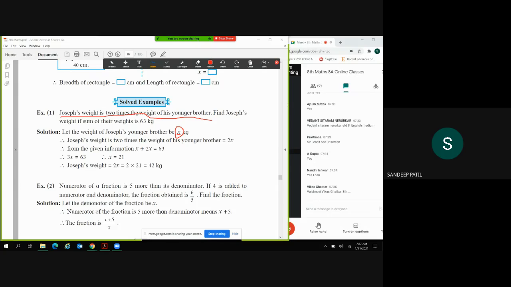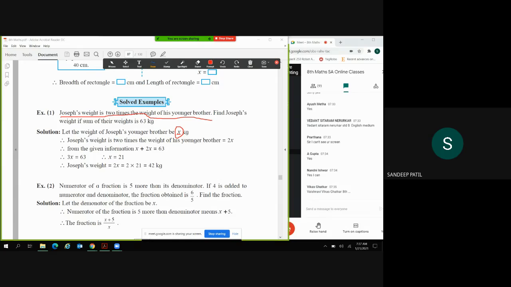So Joseph's weight is 2 times the weight of his younger brother, and find Joseph's weight if the sum of their weights is 63 kg. There are two statements given, and according to that we have to make the formulation and solve this equation.